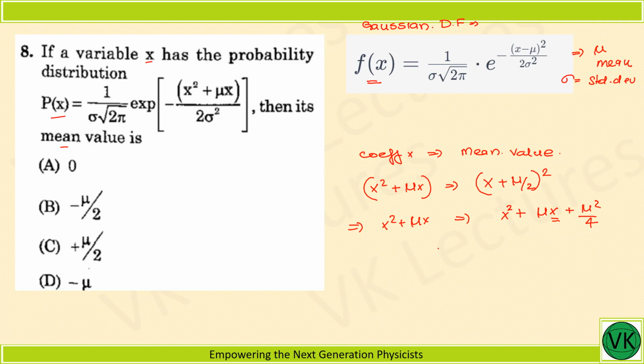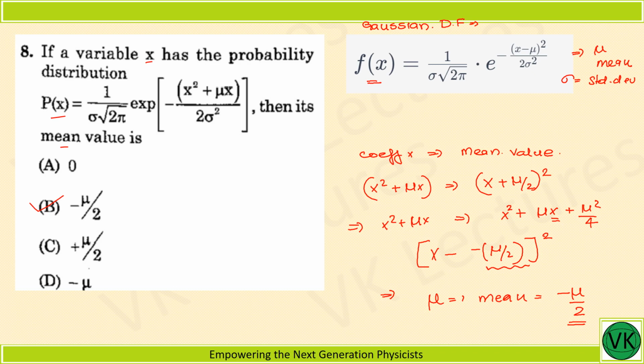This we can write as x minus of minus mu by 2. Alright, so x minus of minus mu by 2 whole square, which means this term is what we need, because x minus mu, so the mean is equal to minus mu by 2. So the answer is option B.